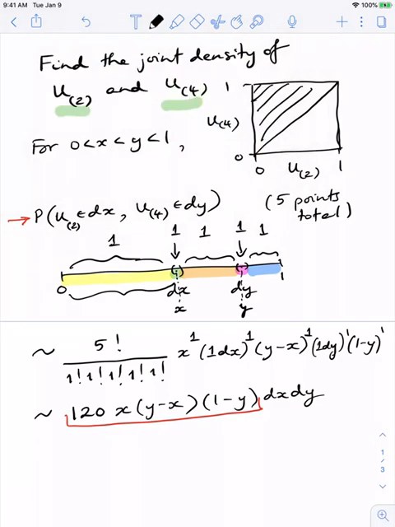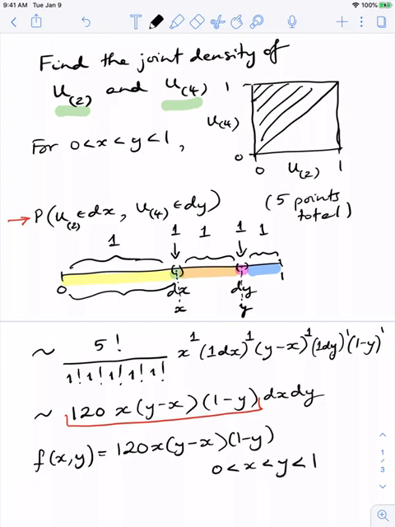I have my joint density: f of x comma y is 120 x, y minus x, 1 minus y for 0 less than x less than y less than 1.